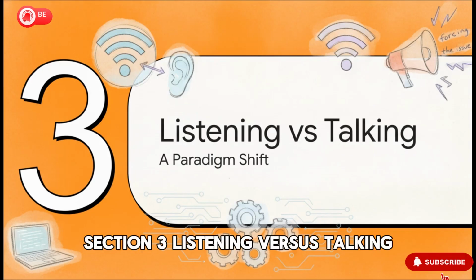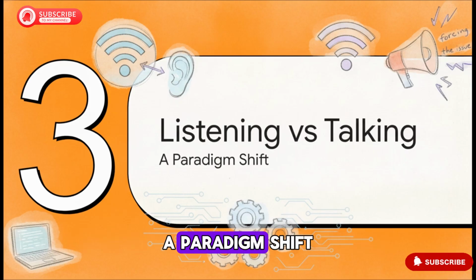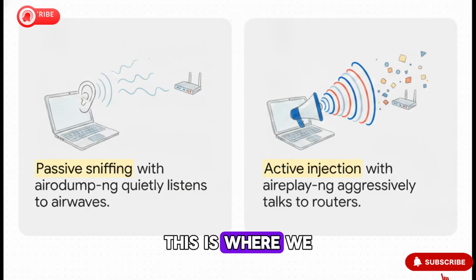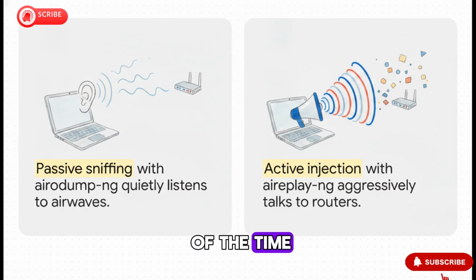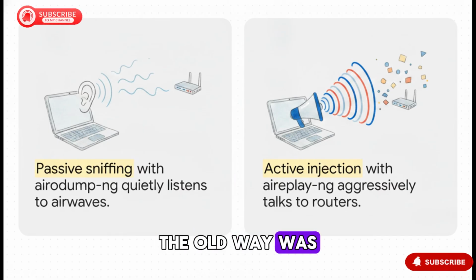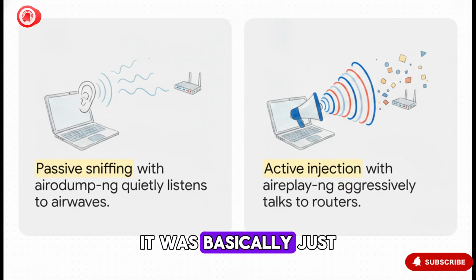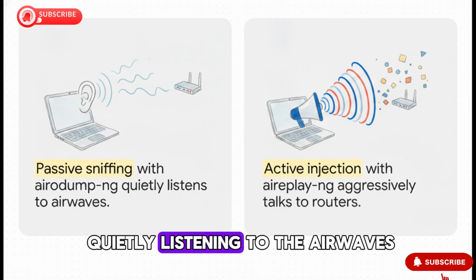Section 3. Listening versus talking, a paradigm shift. This is where we see a really stark contrast in the hacking methodology of the time. The old way was passive sniffing, using a tool like AeroDump-ng. It was basically just quietly listening to the airwaves.